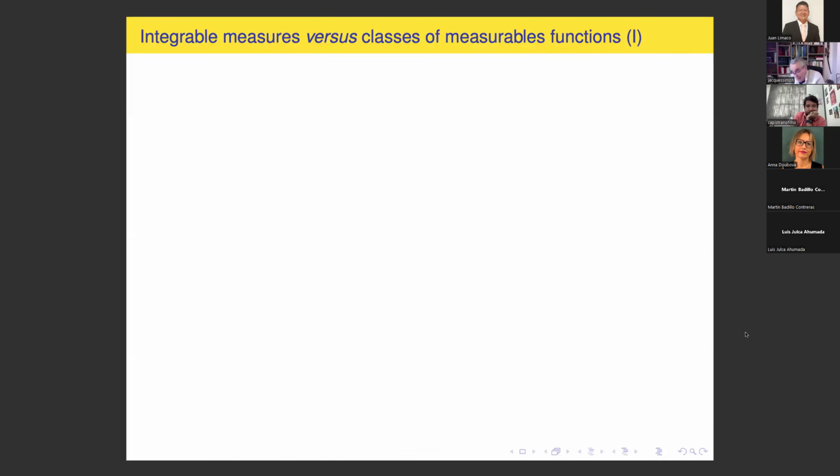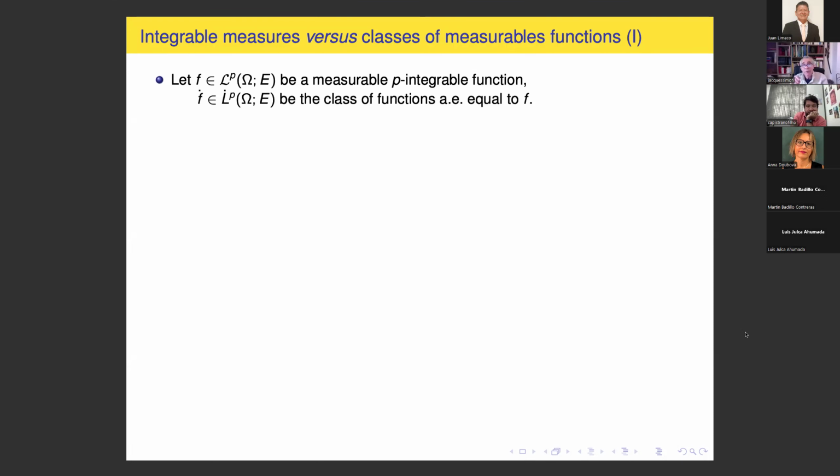Now, the question is, we have constructed the space Lp, but is this space the same thing as usual if the space E is a Banach space? So we consider a function f, which is a measurable p-integrable function, f in Lp, L curly. And we consider f dot, which is a class of functions which are almost equal to f.